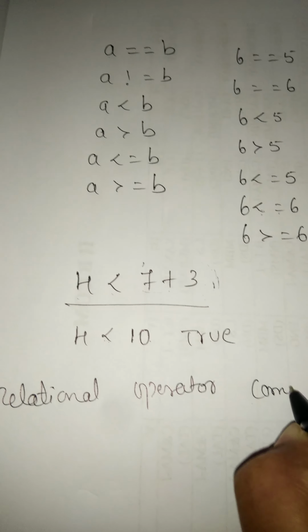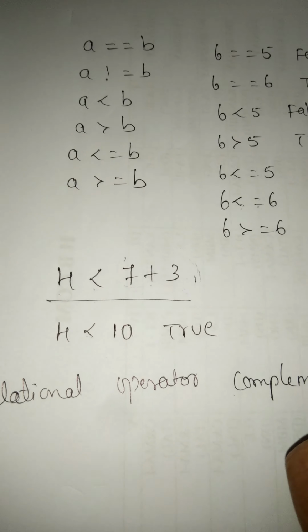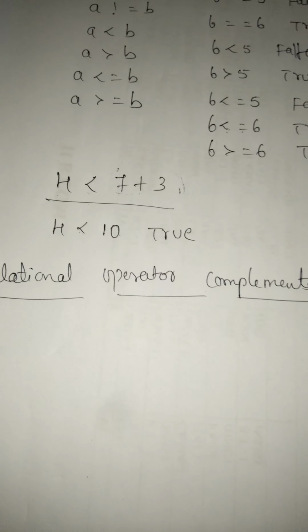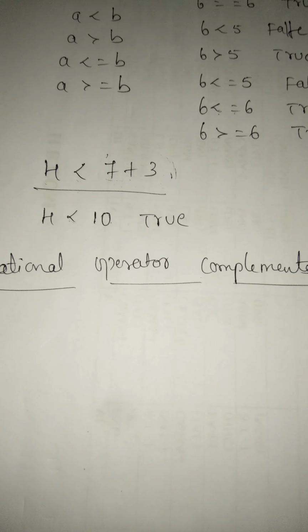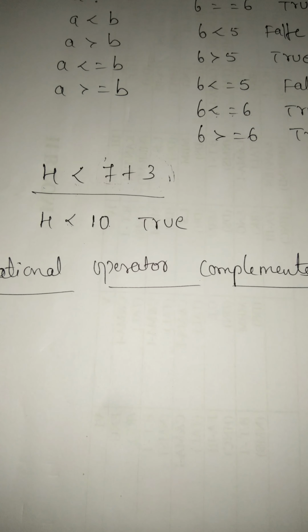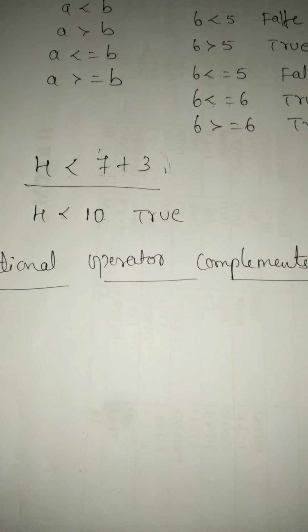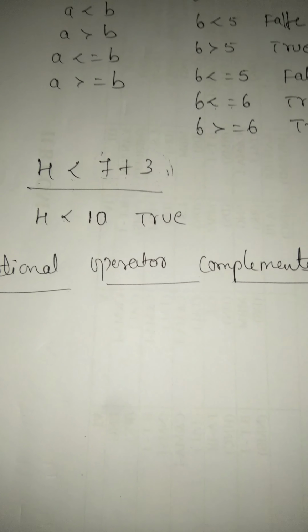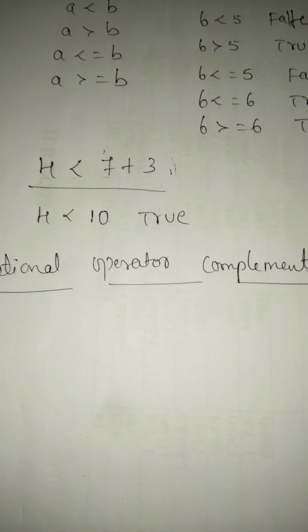Relational operator complements. Among the 6 relational operators, each one is a complement of another operator. Each operator is a complement of another operator.